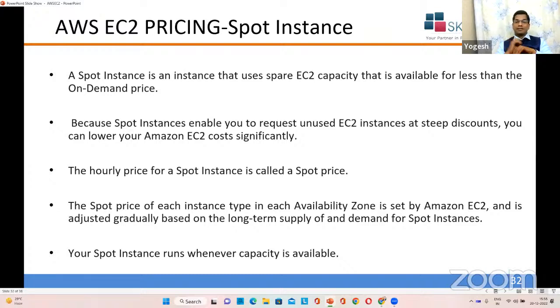The hourly price for a spot instance is called the spot price, and this will vary according to the zone. Whichever availability zone it is available in, accordingly the price is going to change. The spot instance runs whenever capacity is available. So this is one type of pricing.